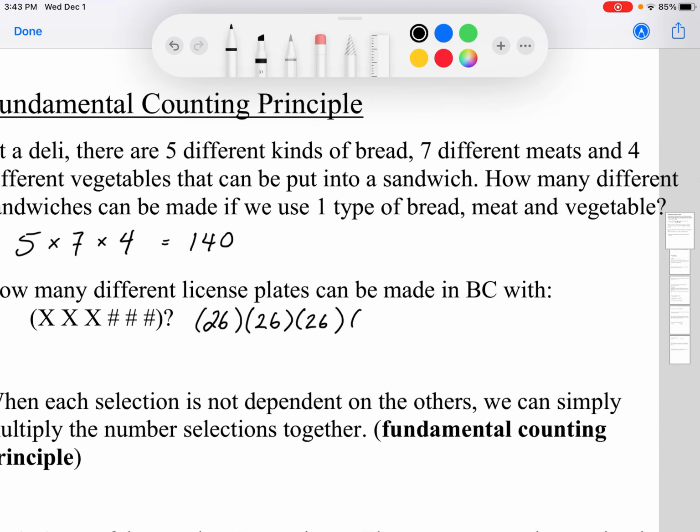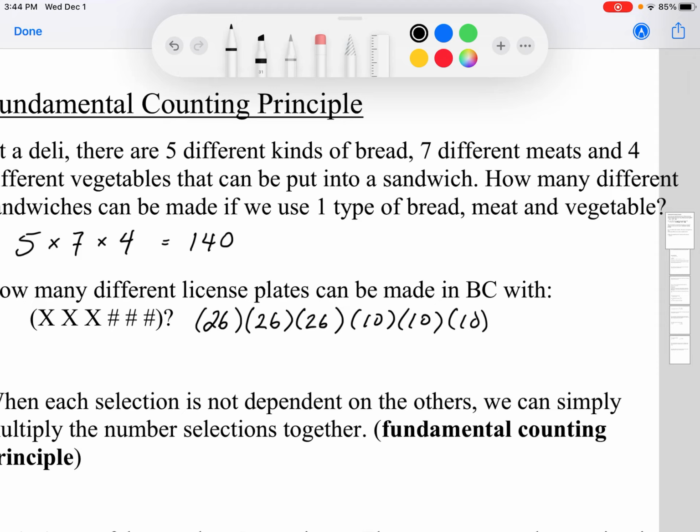And with the numbers, we have 10 different digits, 0 to 9, for the first, second, and third. And again, we can just combine this. These are just going to give us groups, and the groups can be grouped together. So we end up with 26 times 26 times 26 times 10 times 10 times 10, and that's going to give us a really big number.